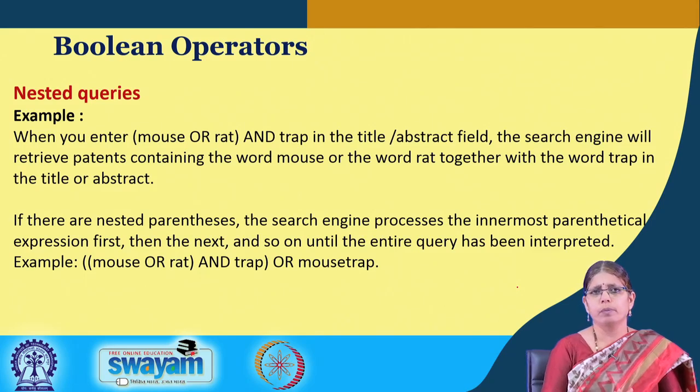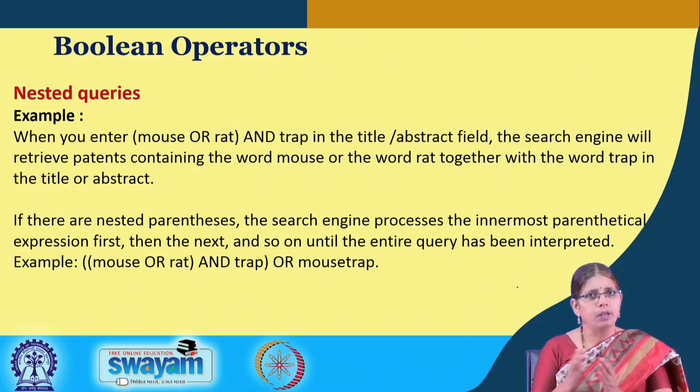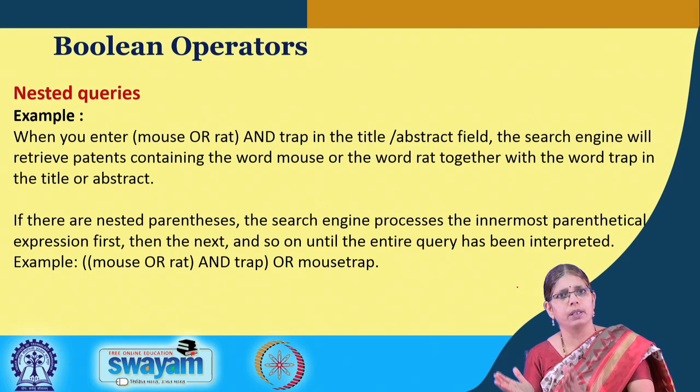One can also make a nested query, and today databases also support search strings. So you can have a search string created using nested parentheses, where you create a set of terms and then you are searching for that with other terms. Then again there you can have a nested term.